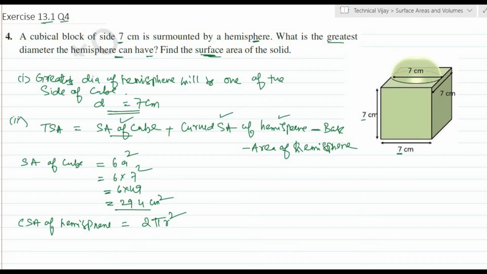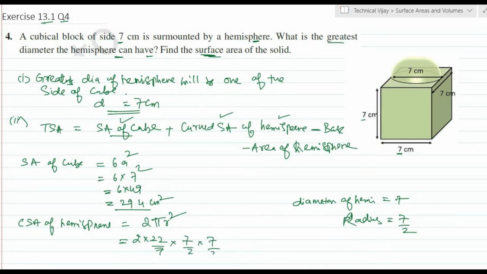We know the diameter of the hemisphere is equal to 7, so the radius is equal to 7 by 2. So now 2 into 22 by 7 into 7 by 2 into 7 by 2. This is the curved surface area of the hemisphere.